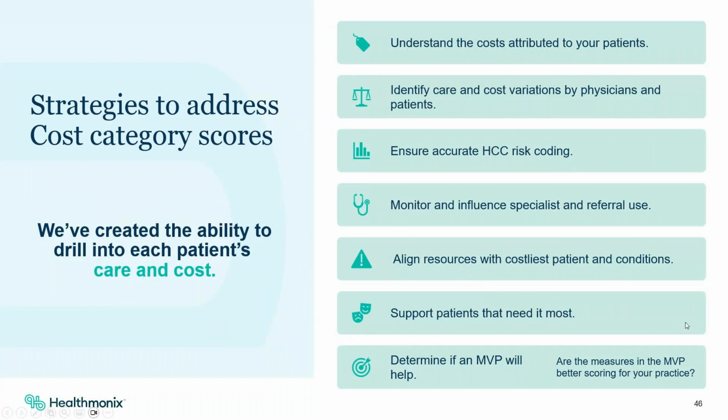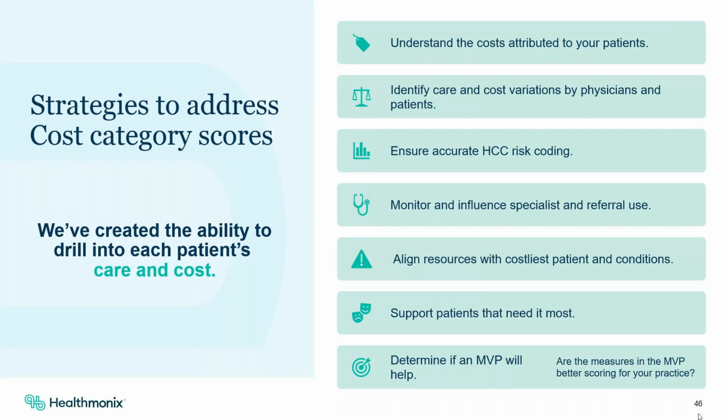So from what you've seen there, this should be a little clearer. Here are some ideas for what we can do to affect scores using this system. So understanding costs attributed to your patients, we saw how we can go into each claim type, each claim for each patient and provider, and really see where every cost is coming from.